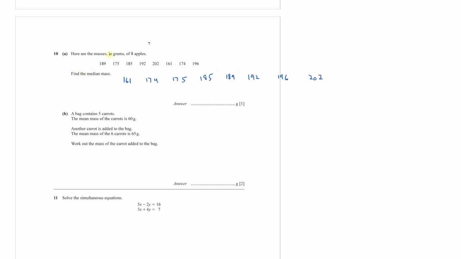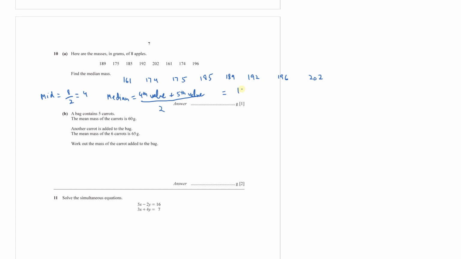Yeah, I wrote all 8. So since you have 8 apples, your mid is 8 divided by 2, which is 4. So your median would be the fourth value plus the fifth value, and then divide by 2. What's your fourth value? 1, 2, 3, 4.